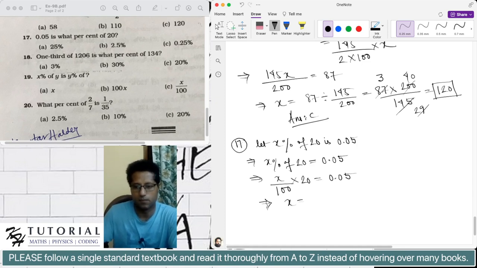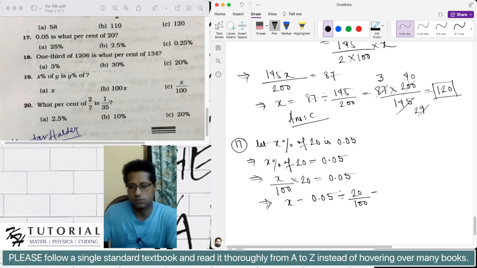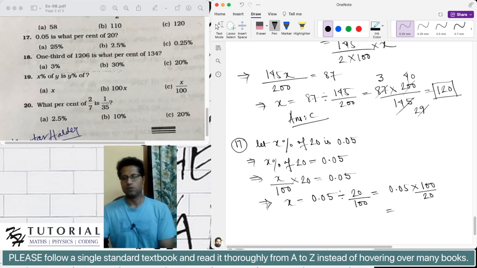So x is equal to 0.05 divided by 20 by 100, which is equal to 0.05 multiplied by 100 by 20. Now 0.05 multiplied by 100 means 5.